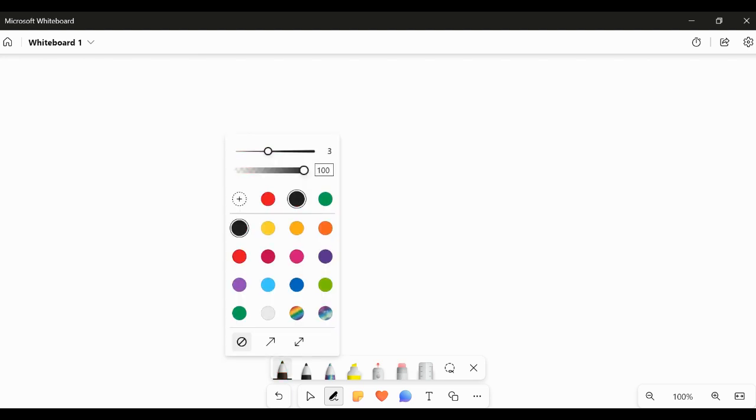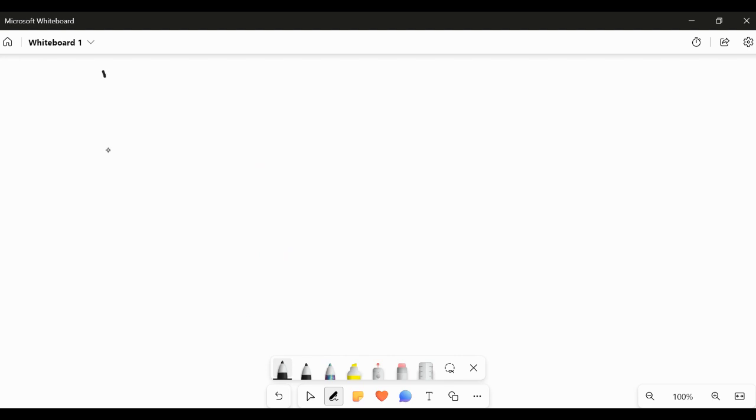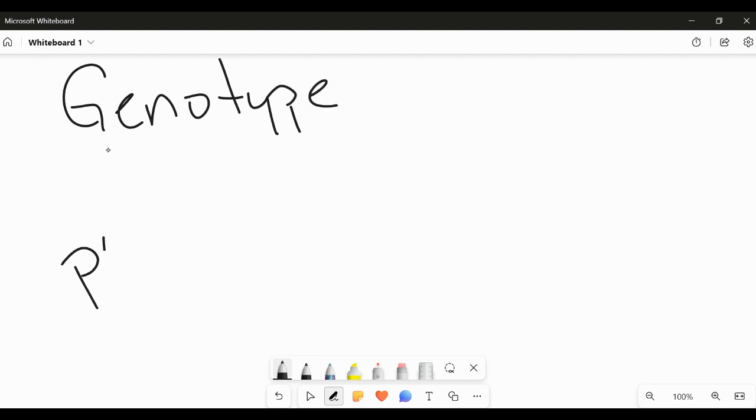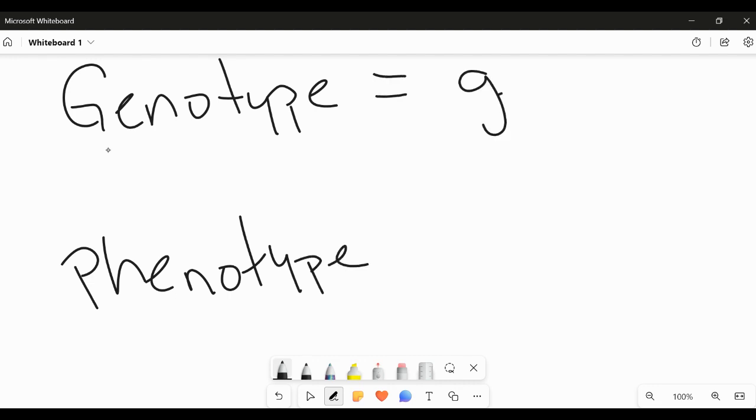So we talk about genotype, and we can talk about phenotype. Genotype is the genetics, the genes. When we talk about genotype, we're going to write these as those letters.